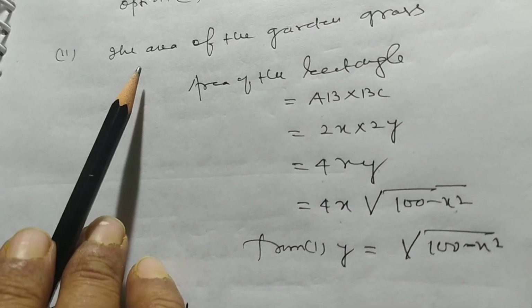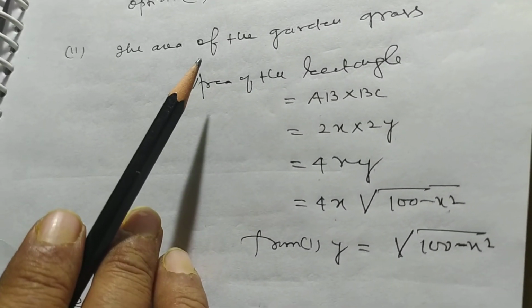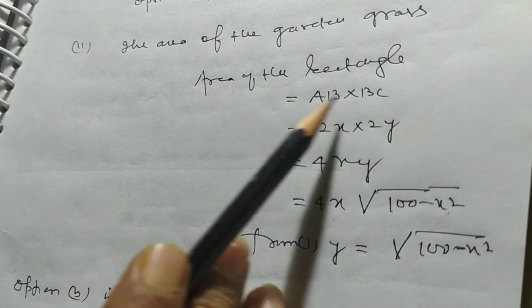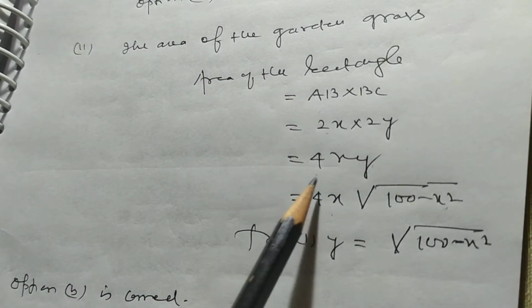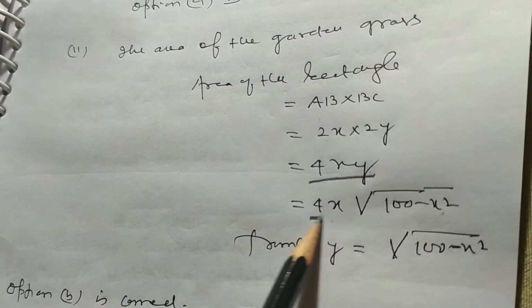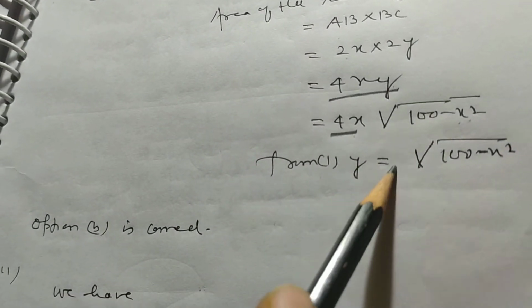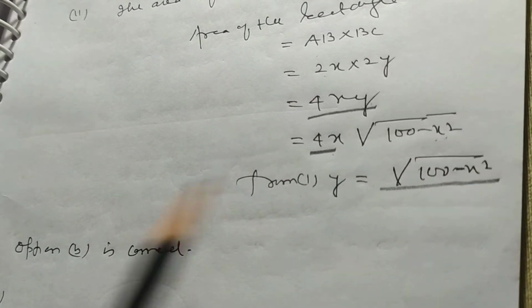Here, students, the area of the garden grass is equal to the area of the rectangle AB into AC, that is 2x into 2y, that is 4xy, that is 4x root over 100 minus x square. From the first, y is equal to root over 100 minus x square. So option B is correct.